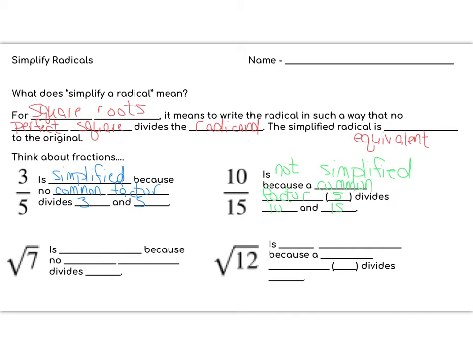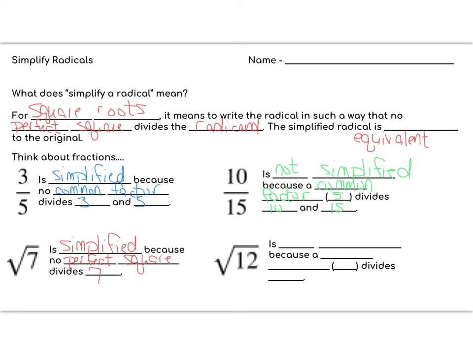Sort of kind of the same idea with radicals. The square root of 7 is simplified because no perfect square divides 7. Now, 1 divides 7, but 1 is not helpful, just like 1 is not helpful with going into 3 and 5 in 3/5. So since no perfect square other than 1 divides 7, that's simplified.